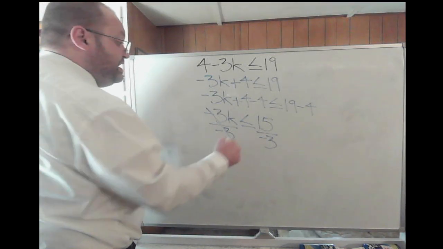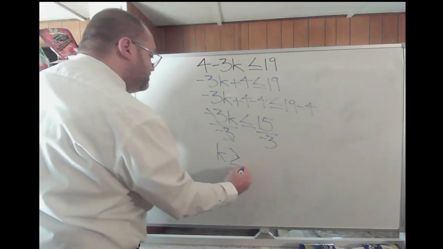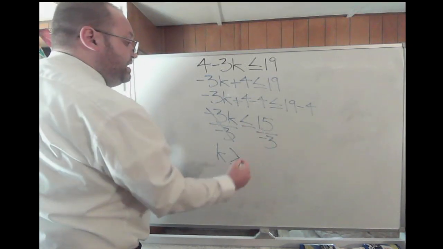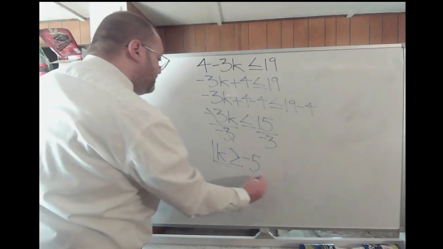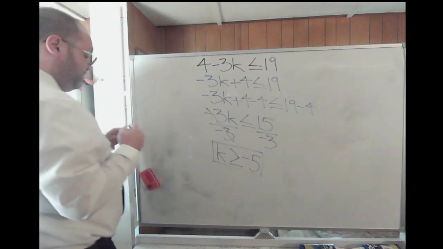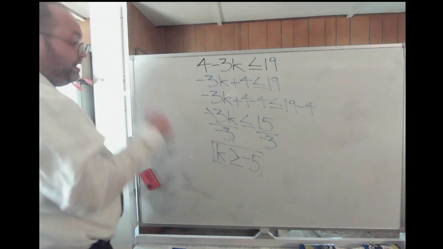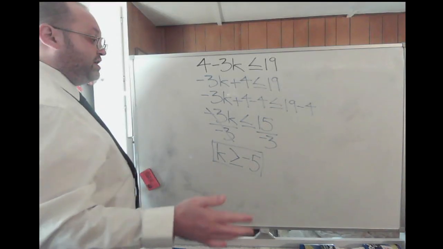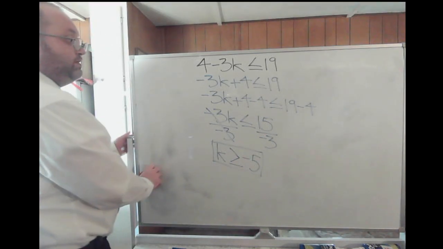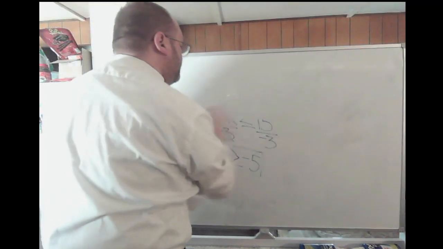Whenever you divide by a negative, that less than or equal to would turn into a greater than or equal to. 15 divided by negative 3, that's negative 5. So the answer you would actually get is k is greater than or equal to negative 5. Because remember, whenever you divide or multiply by a negative number when you have inequalities, it flips the sign around. We got 5 more problems.